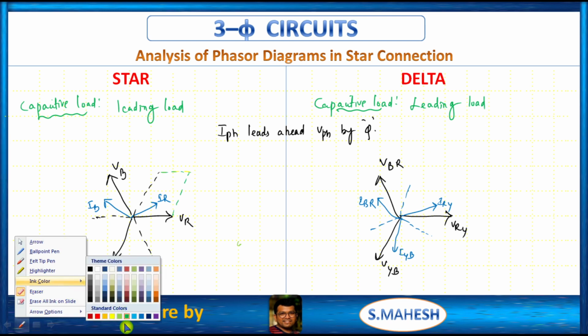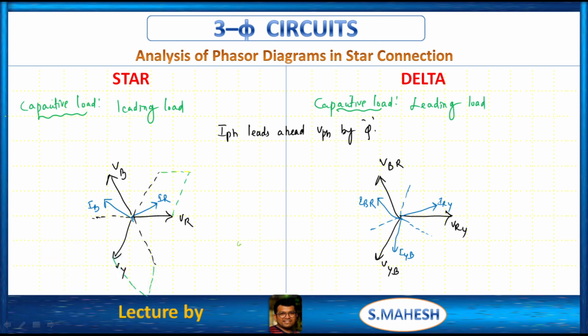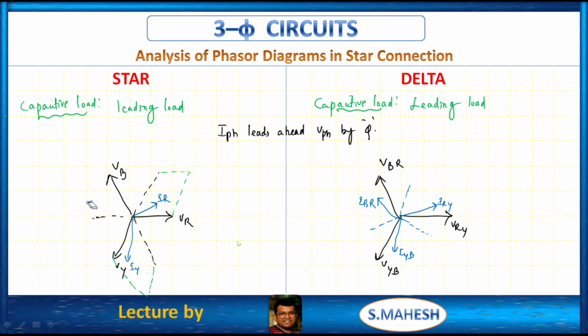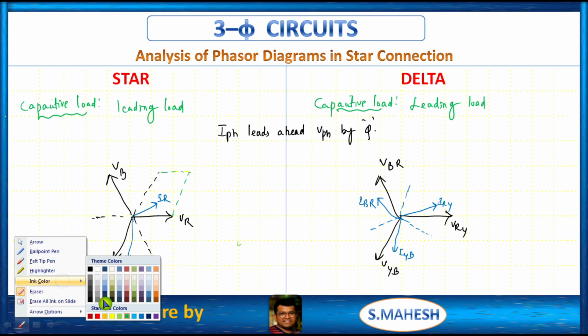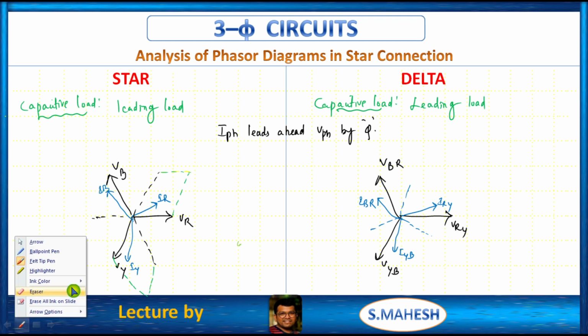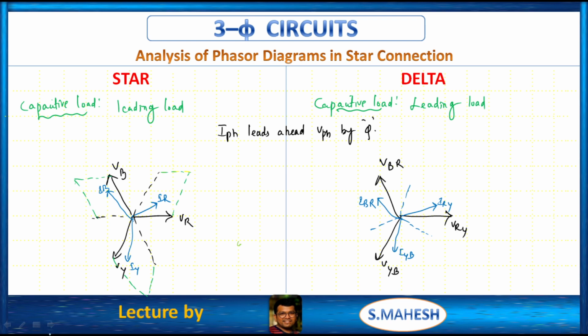This is IY, right? Next, between these two, just IRY, and IB. Okay, between these two, like this we have, right?